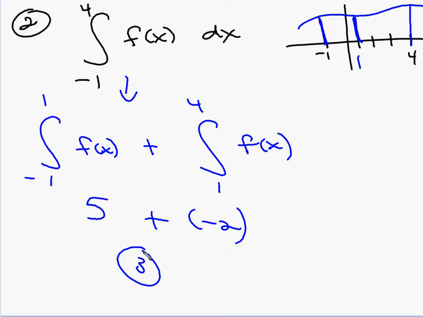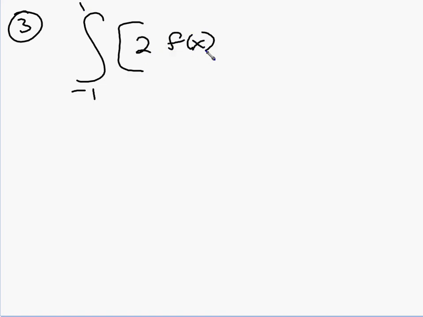One more. What if they said, what's the integral from negative 1 to 1, and then they put this ugly bracket here, 2f of x plus 3h of x dx. Well, this one's not hard either. Don't I just have a couple constants up there?